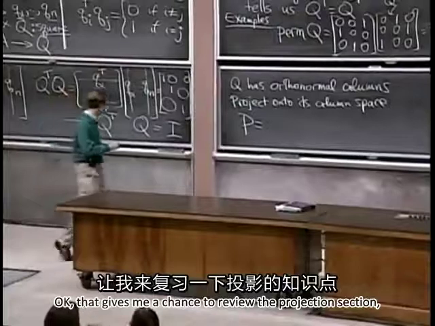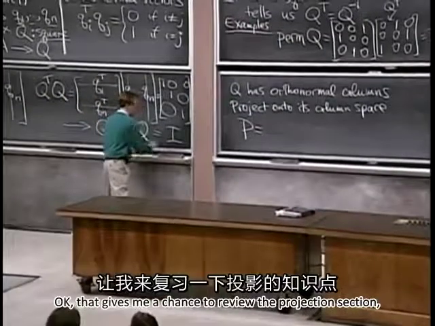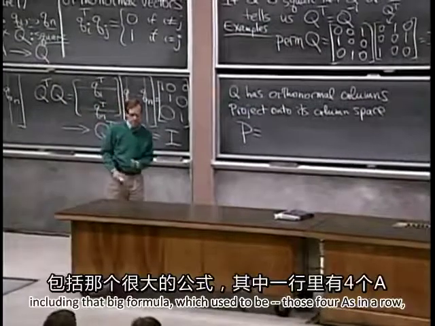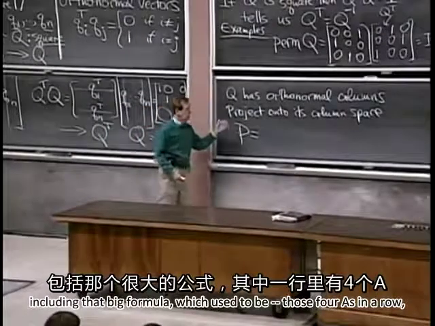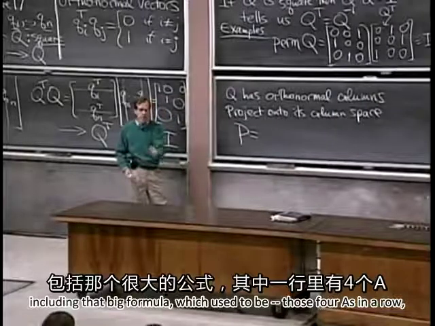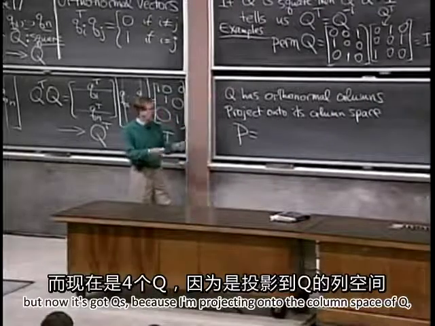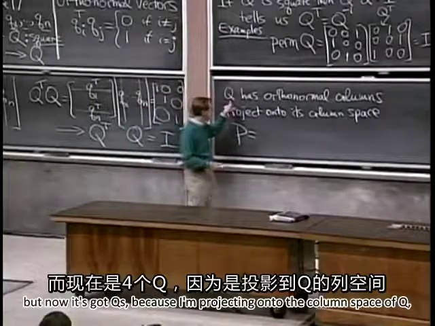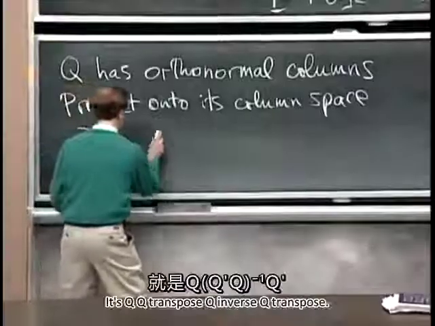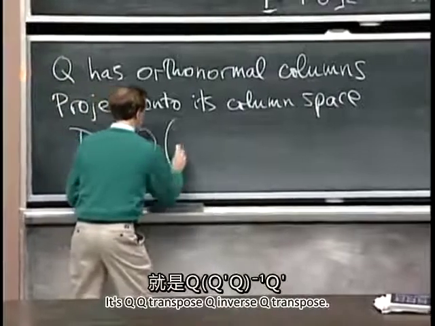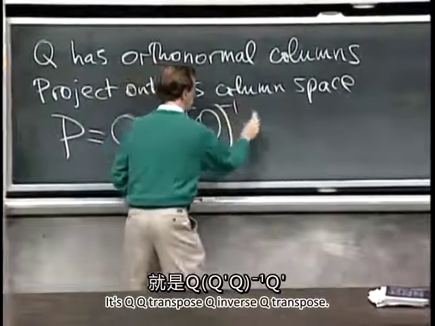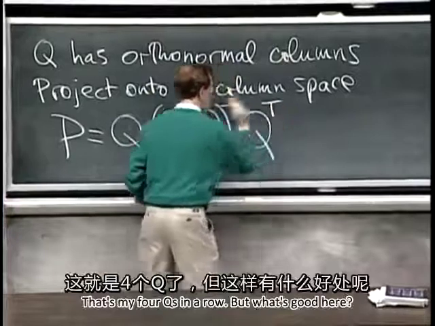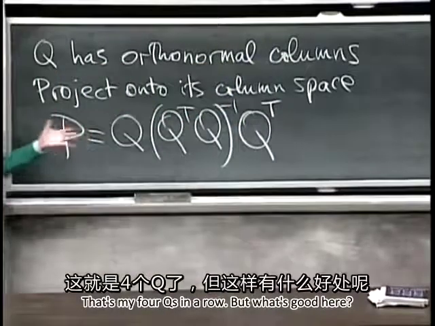Okay, that gives me a chance to review the projection section, including that big formula, which used to have those 4 A's in a row, but now it's got Q's because I'm projecting onto the column space of Q. So do you remember what it was? It's Q, Q transpose Q inverse, Q transpose. That's my 4 Q's in a row.